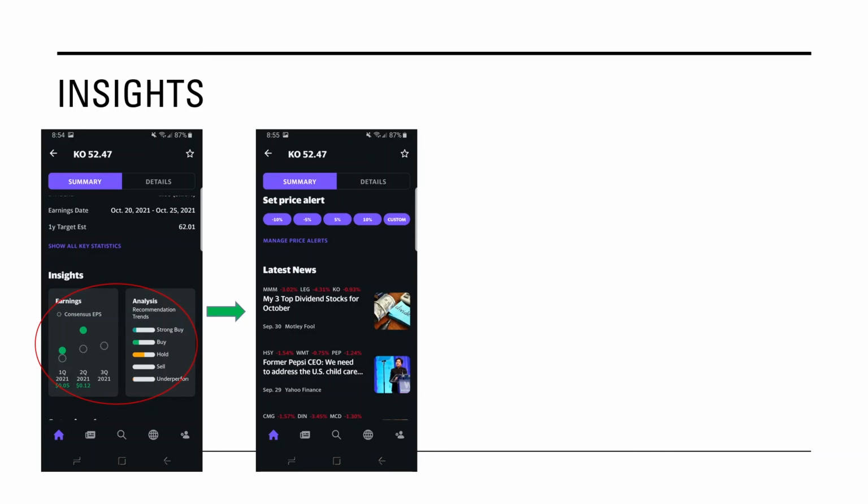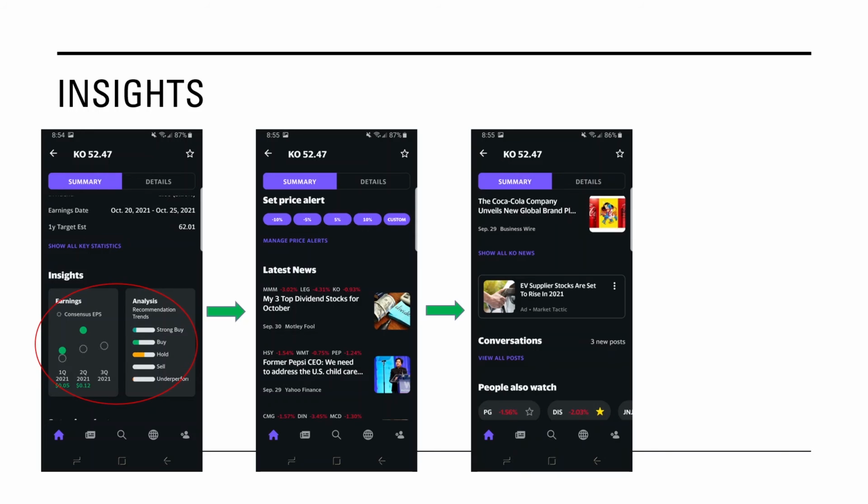Now, if you scroll down, you're gonna see the latest news. There you're gonna find informations about the company and be able to make your own judgment on if you want to keep the stock, buy, sell. You can even have conversations if you want to talk to other shareholders on Yahoo.